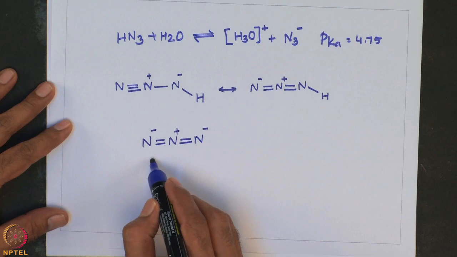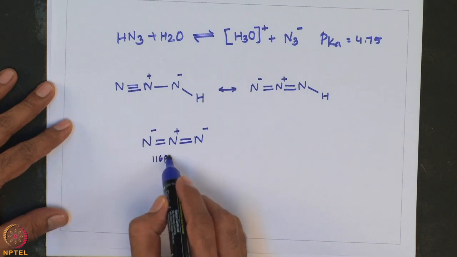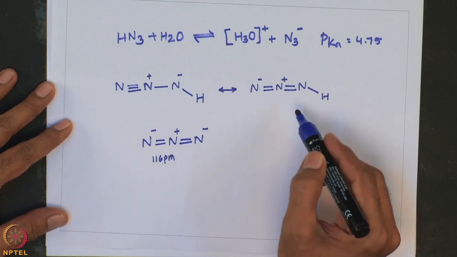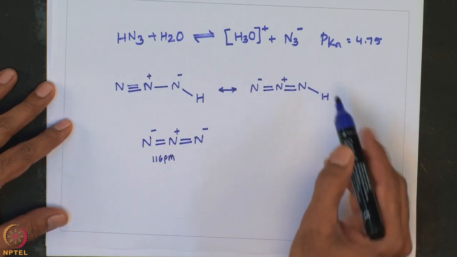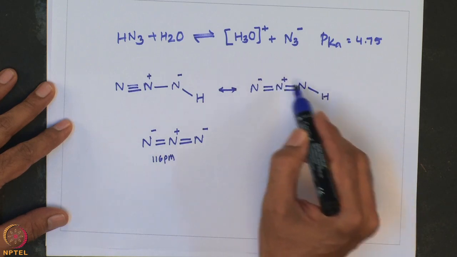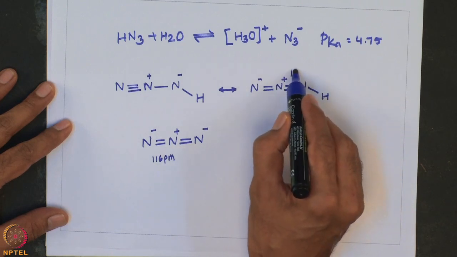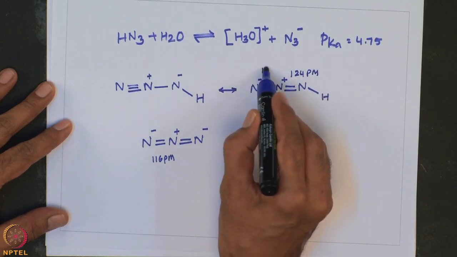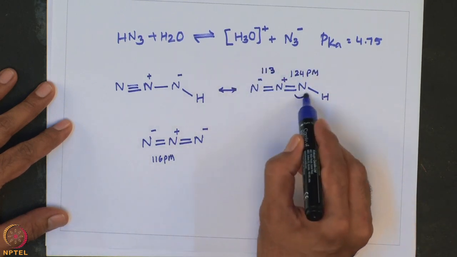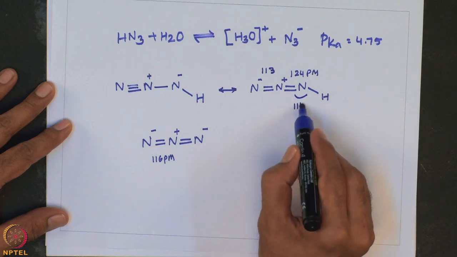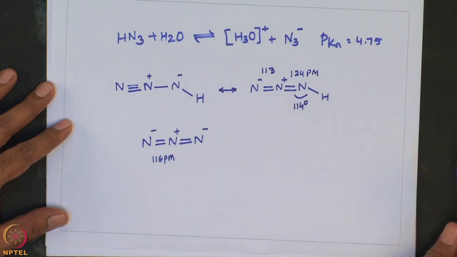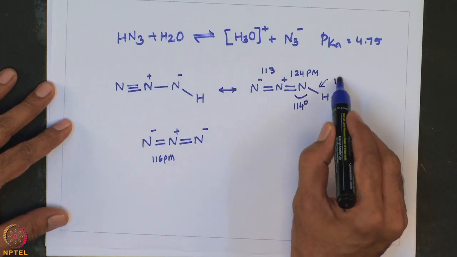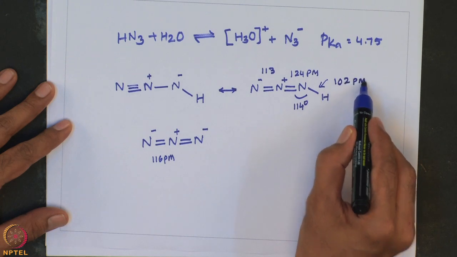Here it is 116 picometer, both are essentially the same. In the case of hydrazoic acid, this is 124, whereas this one is 113 and this angle is 114 degree. And this NH bond distance is 102 picometer.